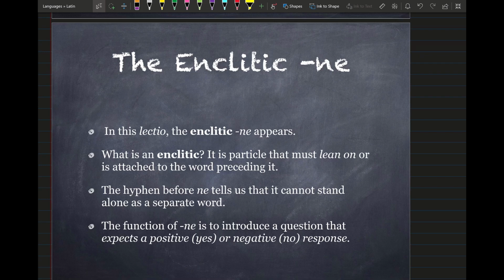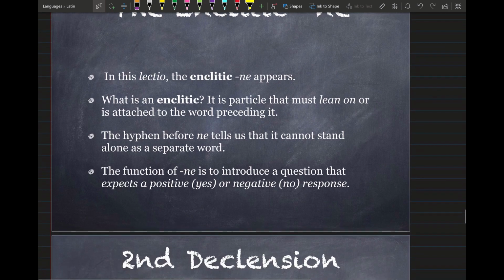The function of ne is to introduce a question that expects a positive, meaning yes, or a negative, meaning no, response. Okay, so this is very simple. We'll encounter this at the end. But it's important to recognize ne. So remember, it will be attached to a word. It cannot stand by itself. Okay, moving along.